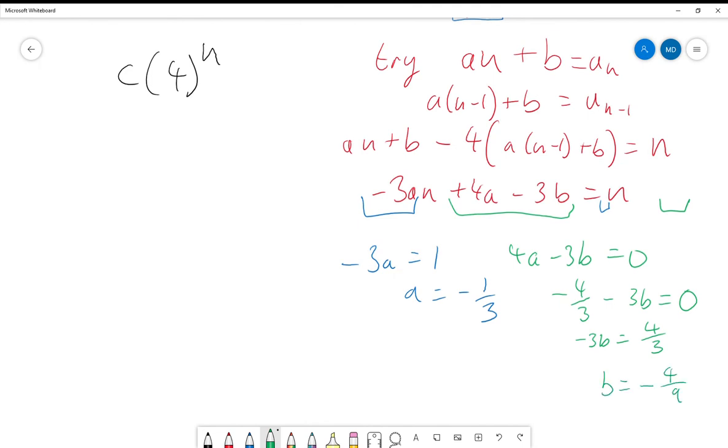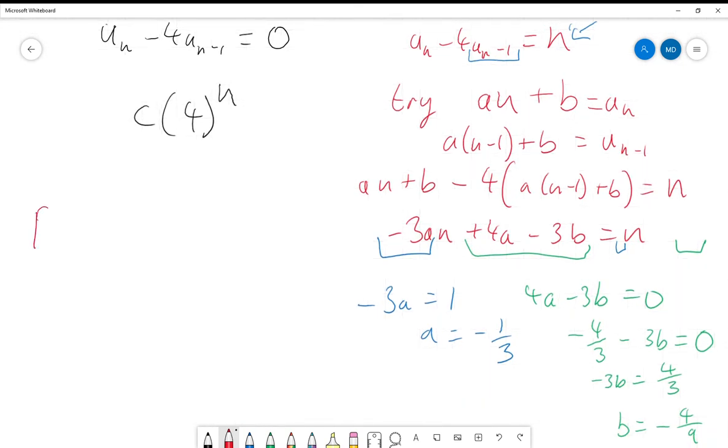And so now, in this case, slightly different, our particular solution is equal to negative 1/3 of n minus 4/9, which is slightly different to last time, despite it being a very similar question.